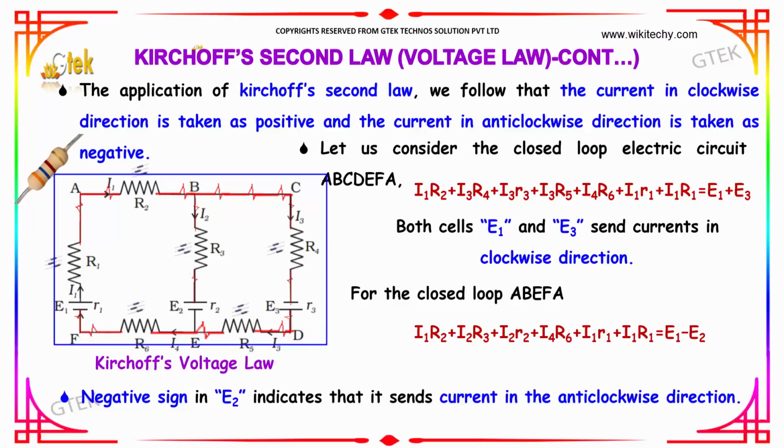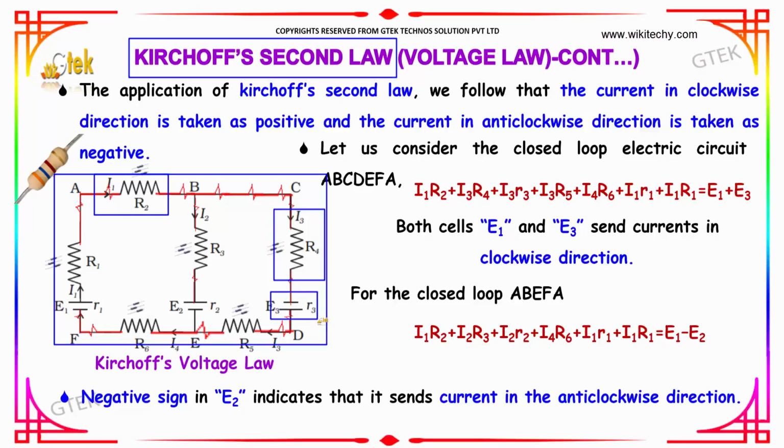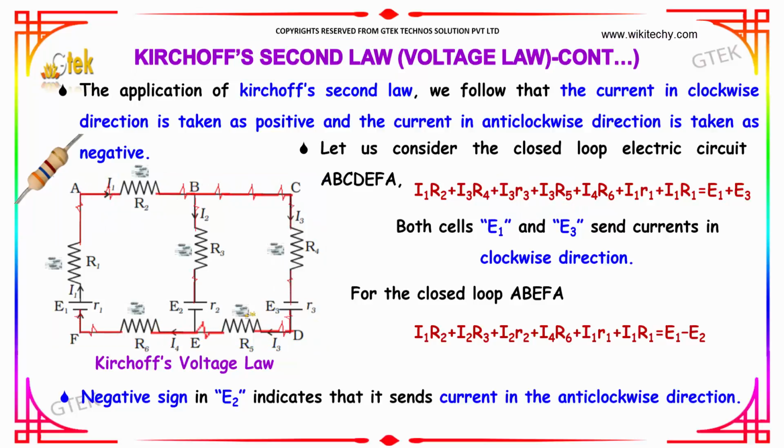We'll get through Kirchhoff's second law I1 into R2 plus I3 into R4 plus I3 into small r3 plus I3 into R5 plus I4 into R6 plus I1 into R1 plus I1 into R1 is equal to the total EMF given from E1 and also E3, which is given here. This is your Kirchhoff's second law.